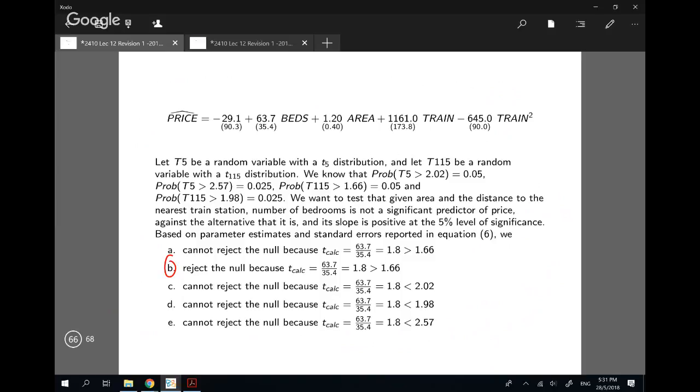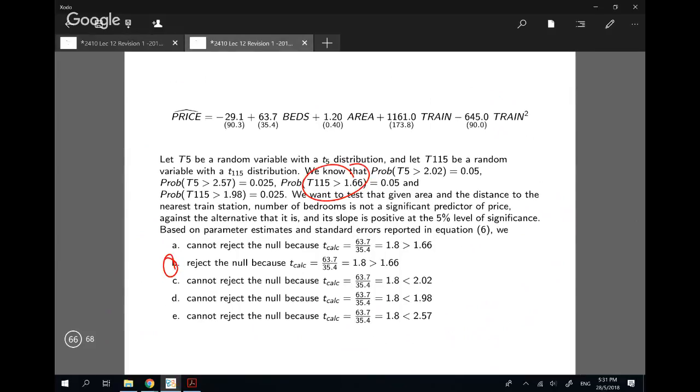Okay. So 63 is what? They confuse you with a lot of things actually. Okay. So what's important here really?